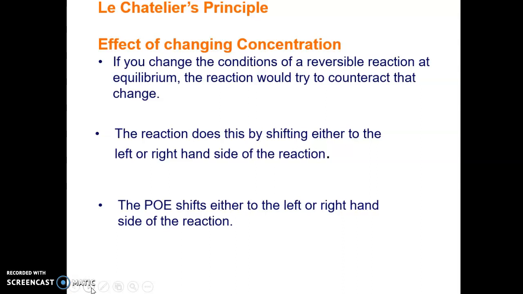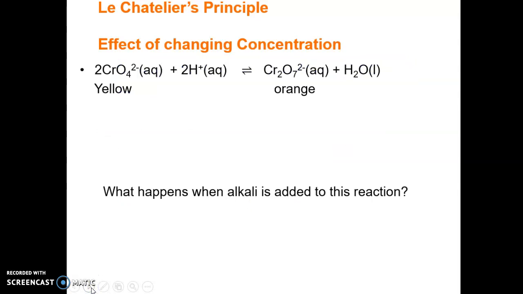When you change the concentration, again, the same thing would happen. The reaction would move in the direction to counteract that particular change. Let's use this particular reaction as an example. We've got chromate ions, which are yellow in color, and dichromate ions, which are orange, and this is a reversible reaction which has achieved equilibrium.